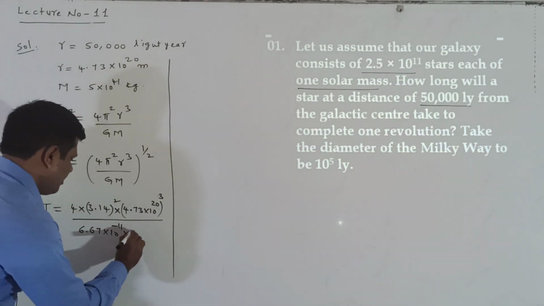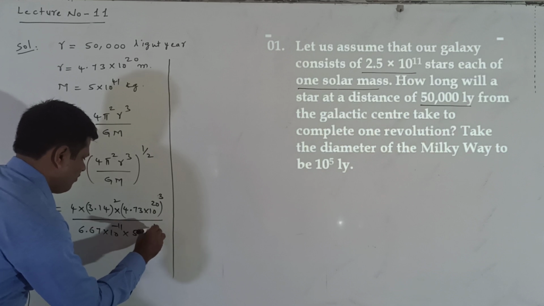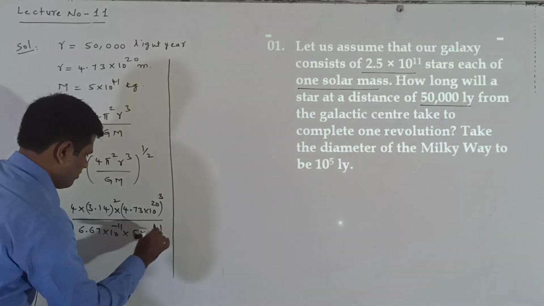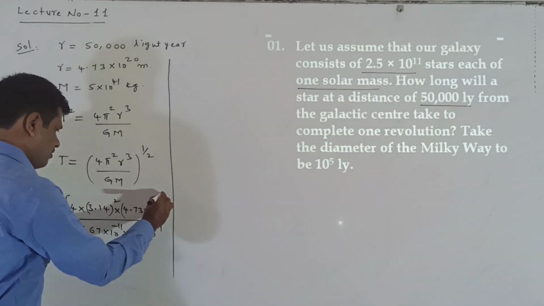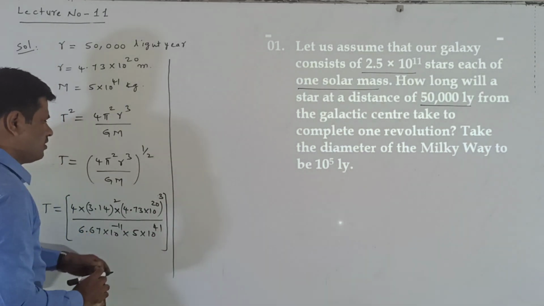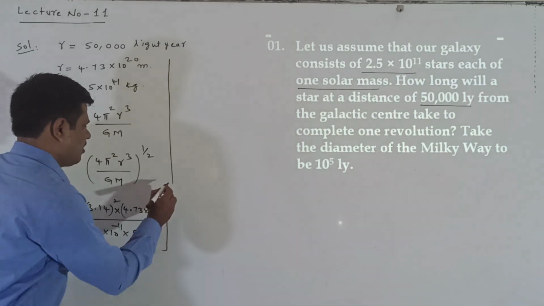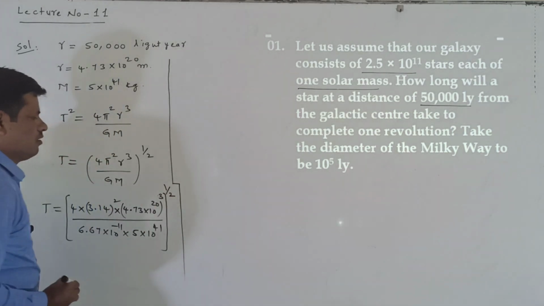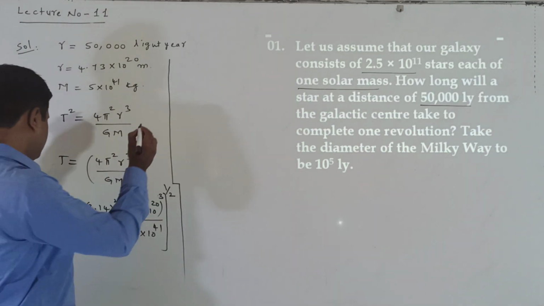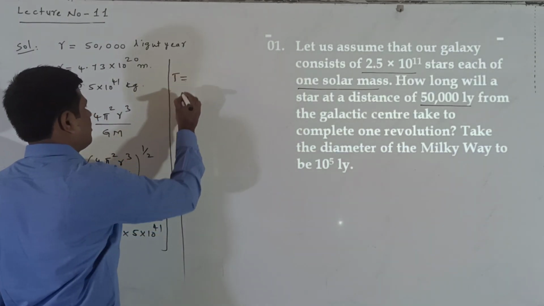The mass is 5 into 10 power of 41. This is all whole power of 1 by 2. Now calculate this one.